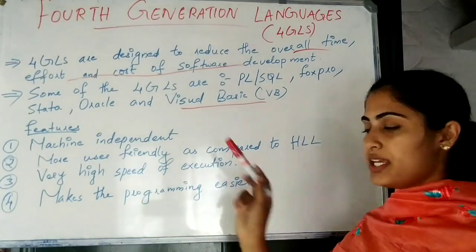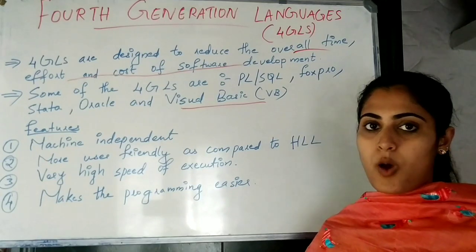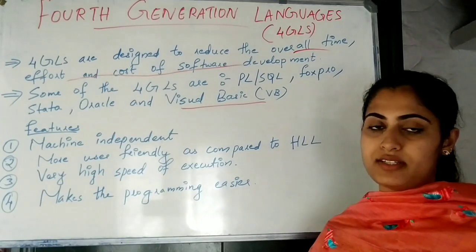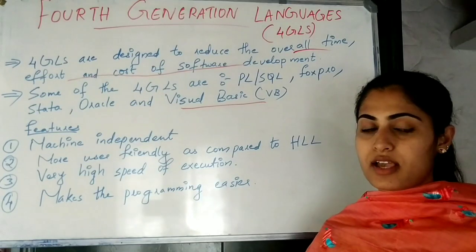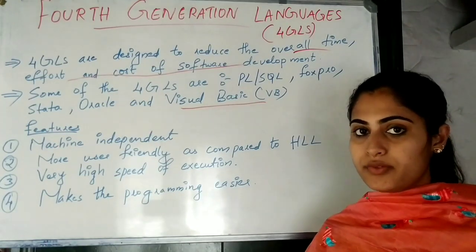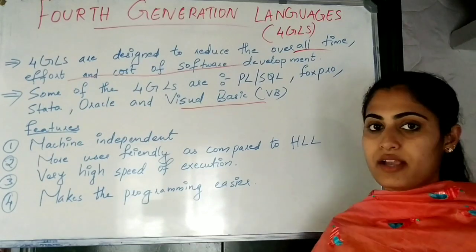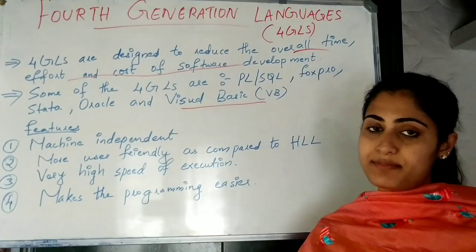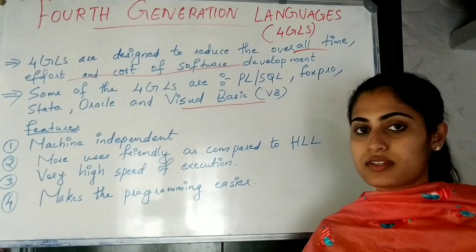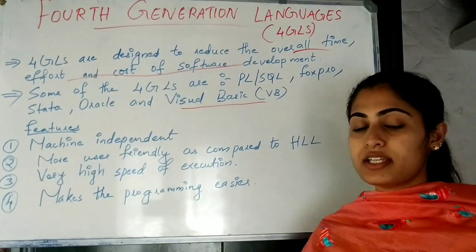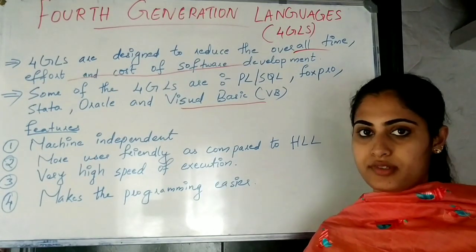They are machine independent. Low level languages were machine dependent, that is, they were designed for a particular type of computers. And fourth generation languages are machine independent, that is, this type of languages can be used in any type of computers.